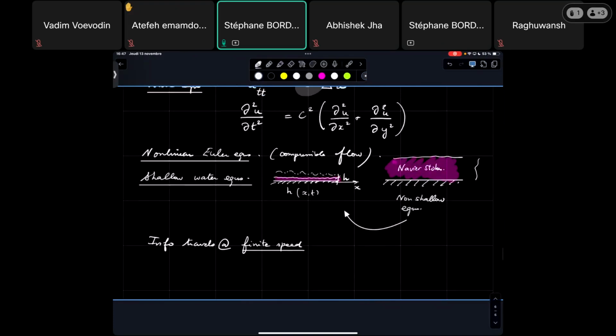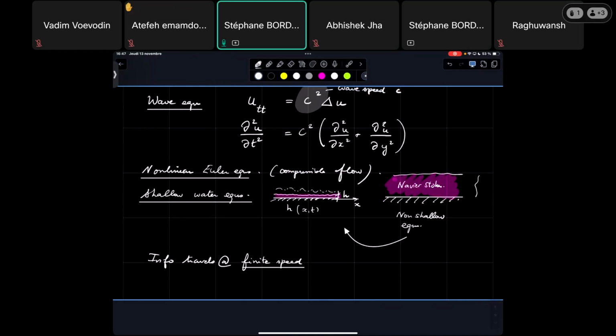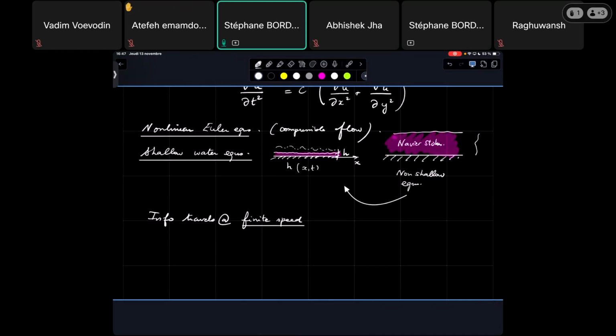And then nonlinearities in these will create either shocks or what's called rarefaction fans.